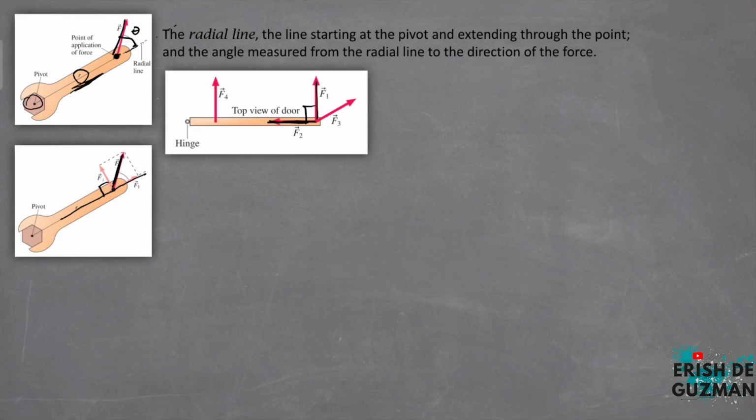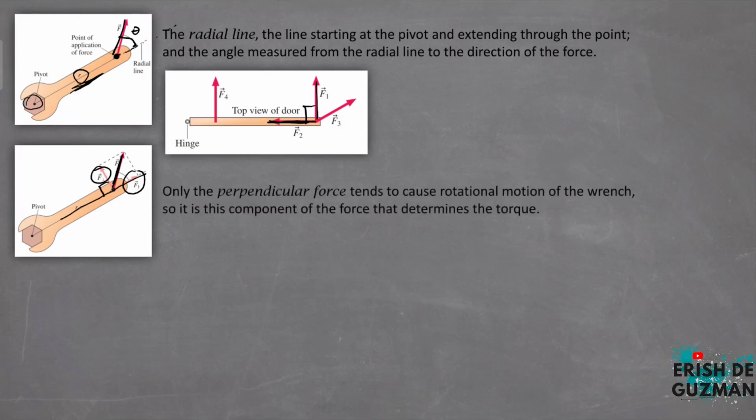Because yung force parallel is either directly toward or away from the pivot, it has no effect on the wrench rotation. Hindi siya makakapag-produce ng rotational motion, and thus, wala siyang maiko-contribute dun sa torque. Only the perpendicular force tends to cause the rotational motion of the wrench. So, it is this component of the force that determines the torque.